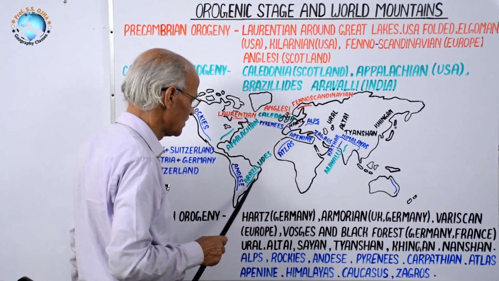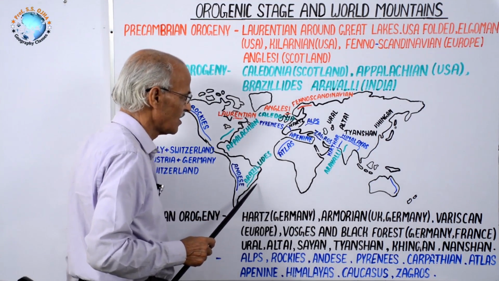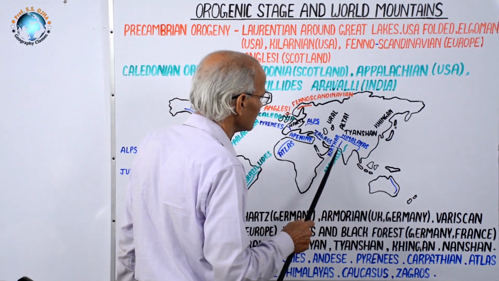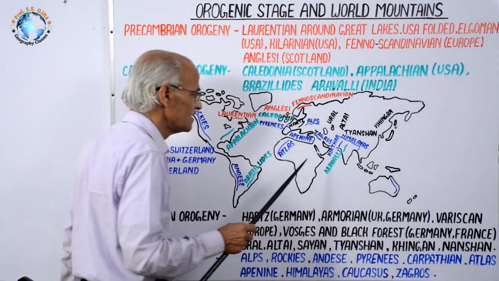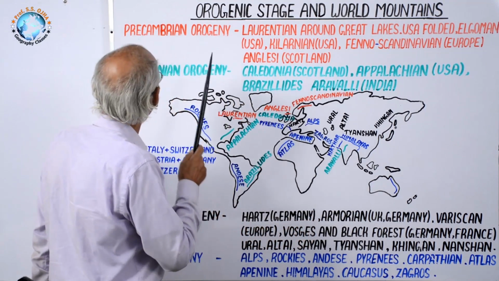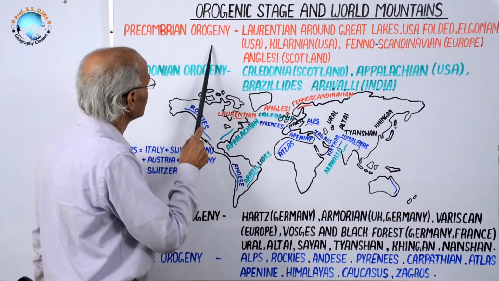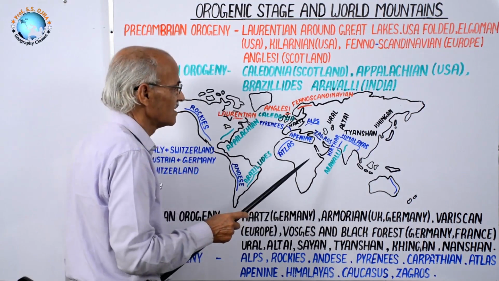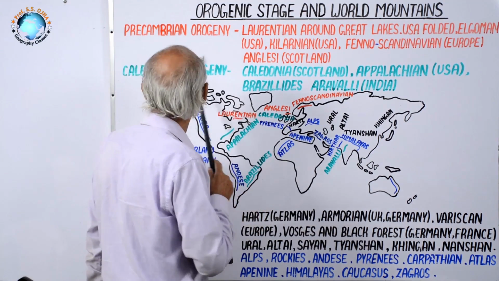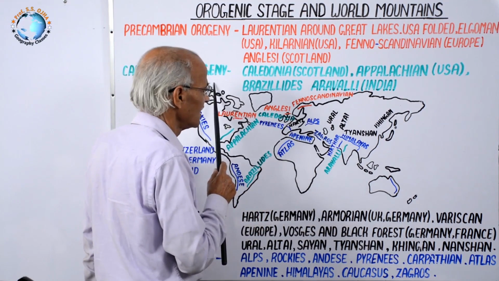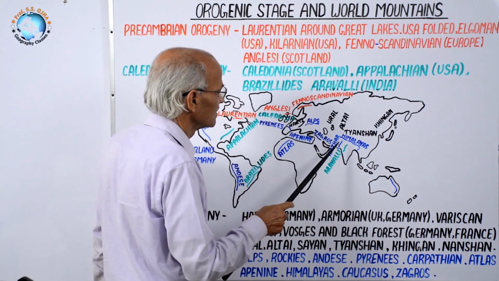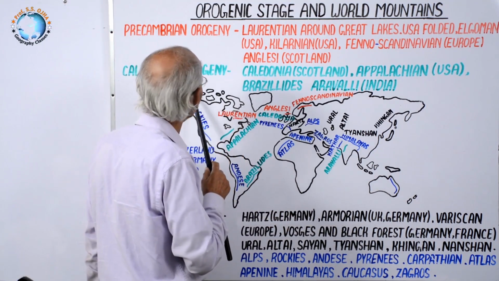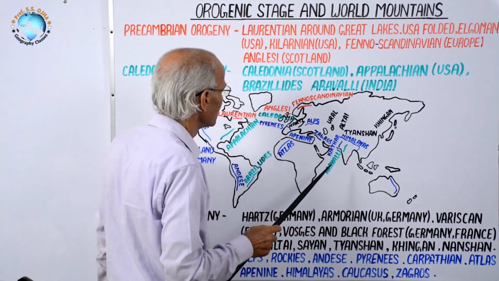Brazilides or Brazilian highland was also formed, and at the same time in India Aravalli was formed. Aravalli started originating at the end of Precambrian age and at the beginning of Caledonian phase. That's why the last formations are of Caledonian. Hence, some geologists list it in Precambrian while most in Cambrian period.